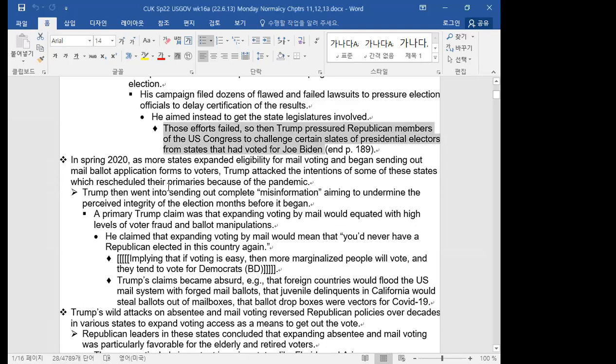And so in spring of 2020, as more states expanded eligibility for mail voting and began sending out mail ballot application forms to voters, Trump attacked the intentions of some of these states which rescheduled their primaries because of the pandemic.